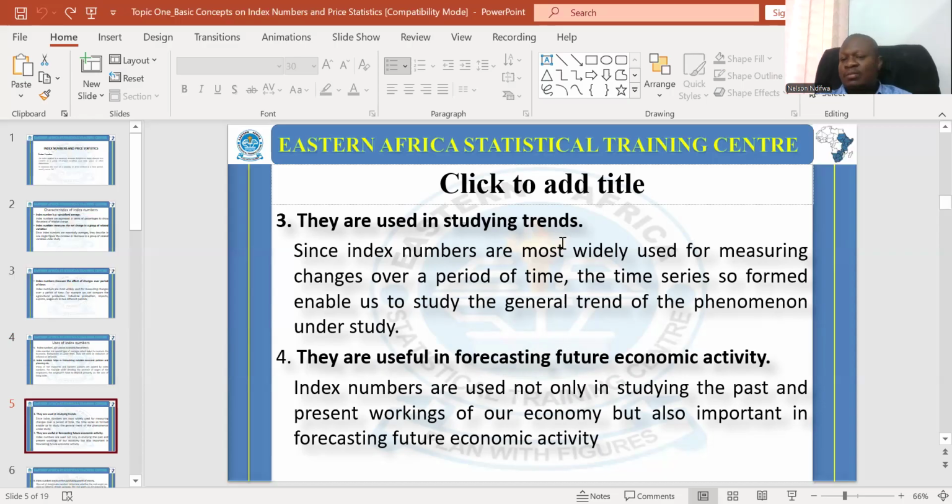Apart from studying trends, you can also use the index number to forecast and know the future of any economic activities that you are interested in.